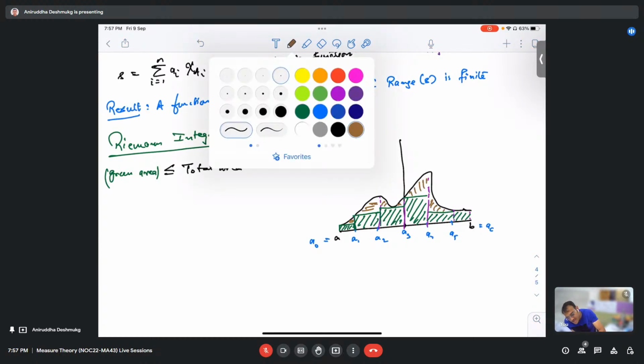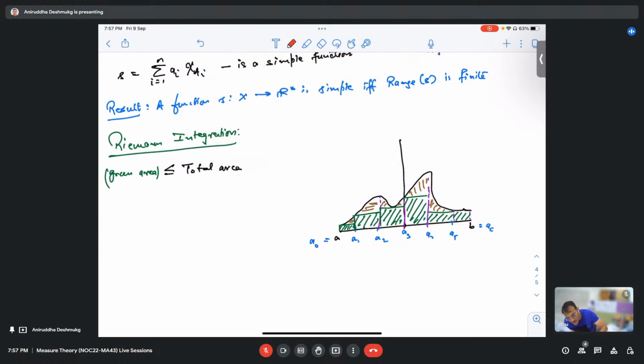The other thing which we can do is to look at the supremum. So let us look at these bigger rectangles. A1 to A2, we have this big rectangle. A2 to A3, again this rectangle. A3 to A4, another big rectangle. A4 to A5, this rectangle. And A5 to A6, it is the same as the green one.